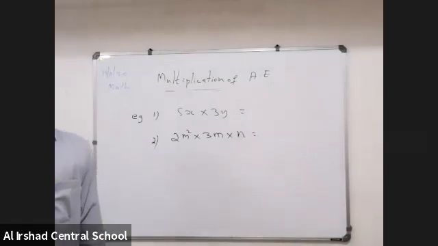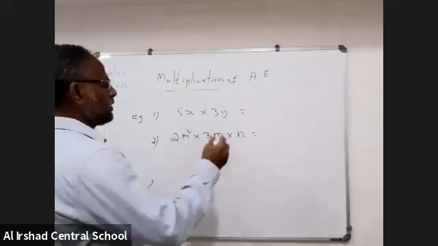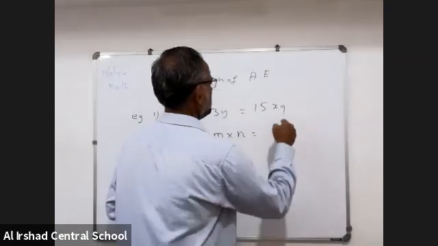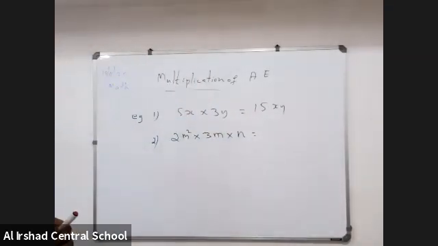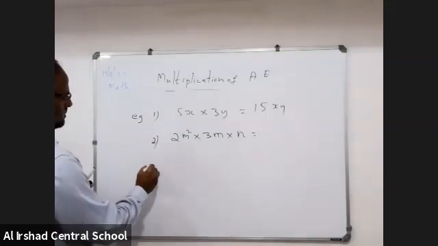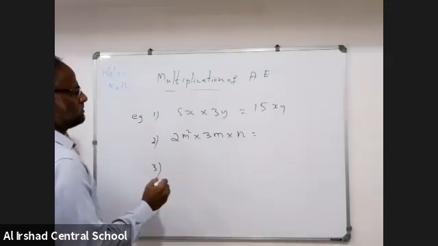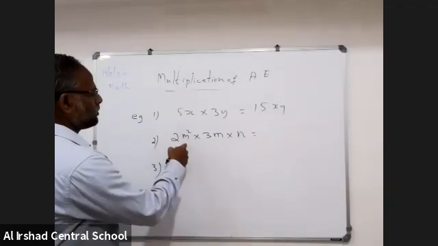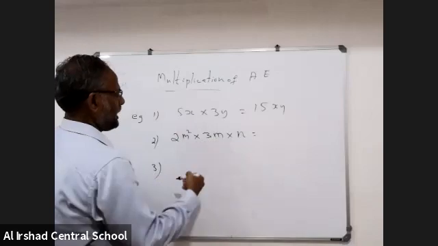Tell me the answer. 15xy. Second one, 2m squared into 3m into n.